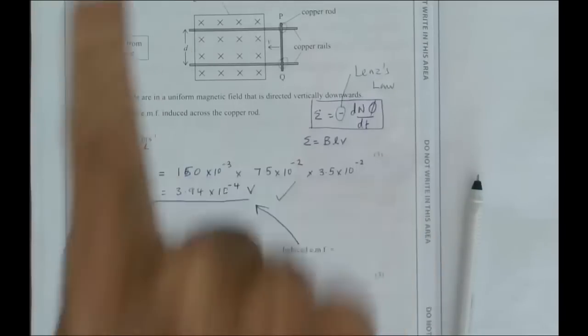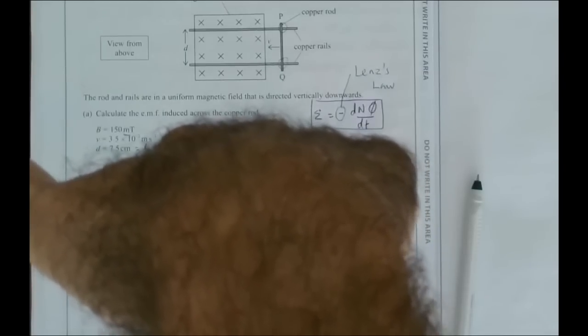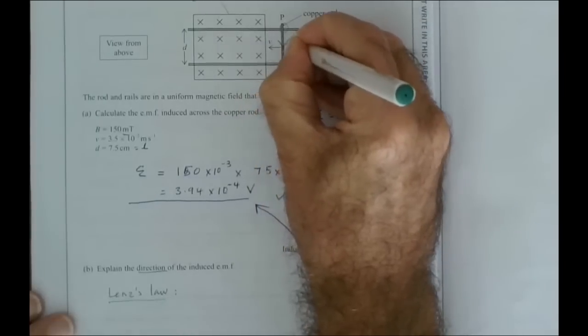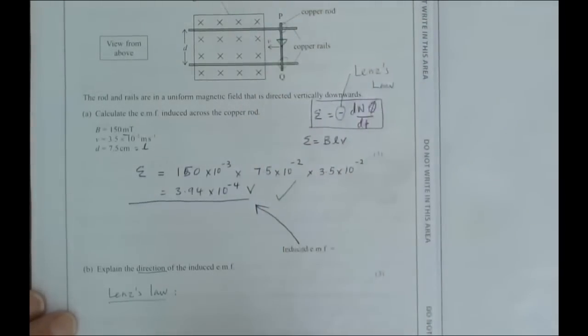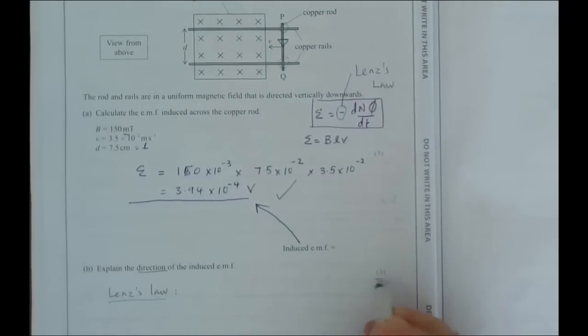So if you put your thumb in the direction of the velocity, the field into the page, your second finger will be from P to Q. So you would have the current induced from P to Q, yeah? So it would be from P to Q. So that's how you get the third mark, is to work out that the direction would be from P to Q. So that's where you get the 3 marks, yeah?